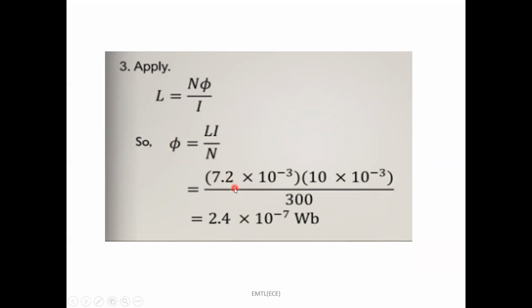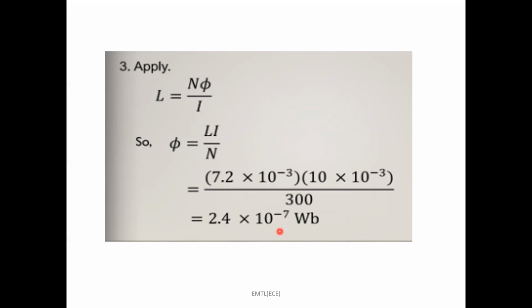So L is given in the problem as 7.2 into 10 power minus 3, and I is 10 into 10 power minus 3, divided by 300 turns, that is 300 here. By calculating all these values, the resultant value of phi is 2.4 into 10 power minus 7.